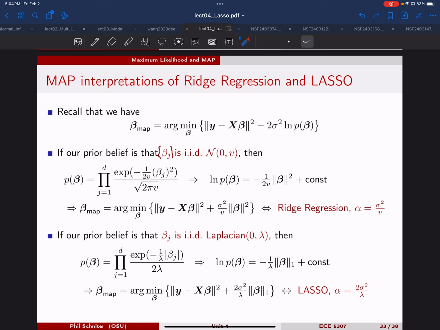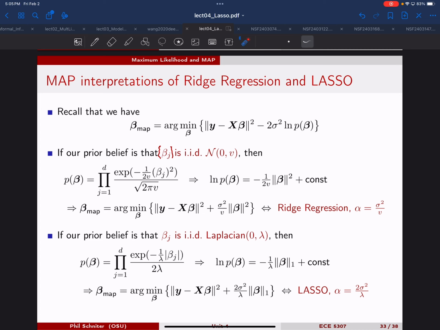The smaller that variance is, the more confident we are that the beta j's are close to 0. As that variance increases, they're centered at 0, but they could span a pretty wide range. So if they're IID Gaussian with mean 0 and variance v, we can write the joint PDF of them as the product of these individual Gaussian PDFs, with mean 0 and variance v.